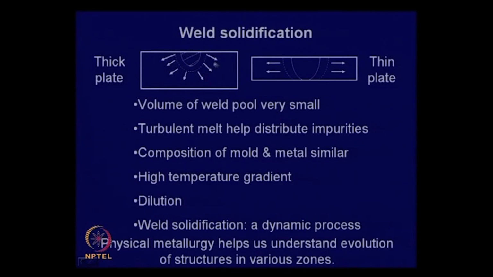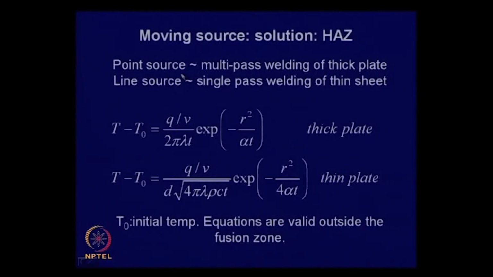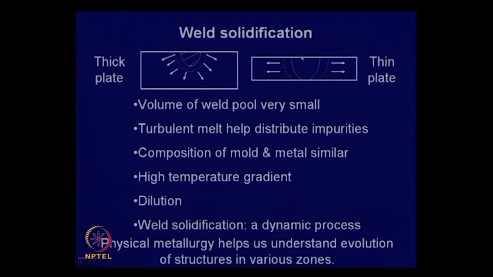If you go back to the previous slide, that point source was more or less moving heat in all possible directions beneath the arc. So, this represents a point source, whereas in the other case, a thin plate, this is the molten pool, and the heat is flowing in two directions only.